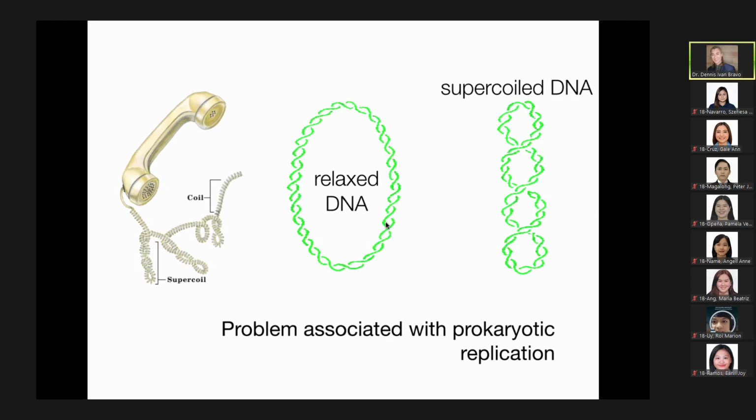So if this tightens, this entire DNA will coil upon itself, producing now the supercoil. Why is that a bad thing? The supercoiling produces a lot of strain in the sugar phosphate backbone and can result in random breakage and damage in the DNA. So it has to be addressed.